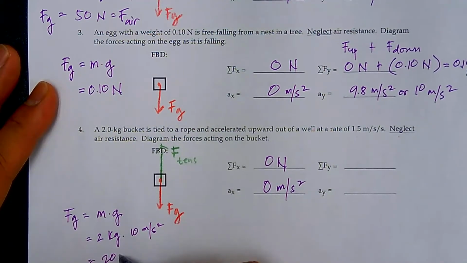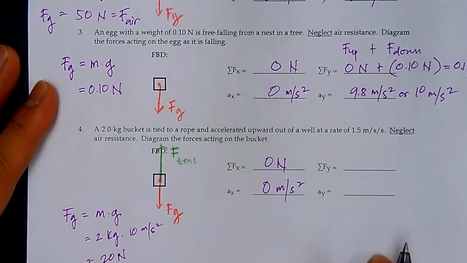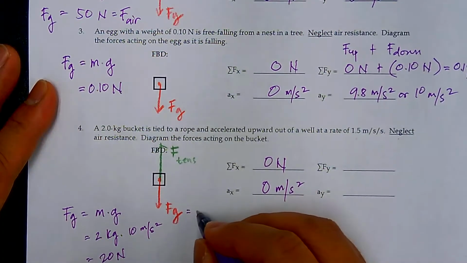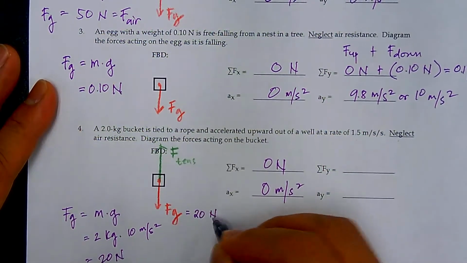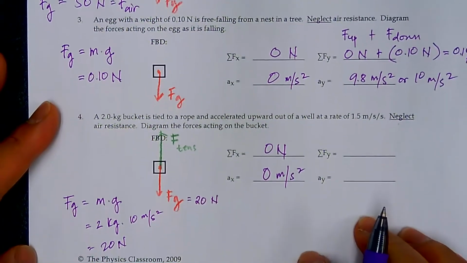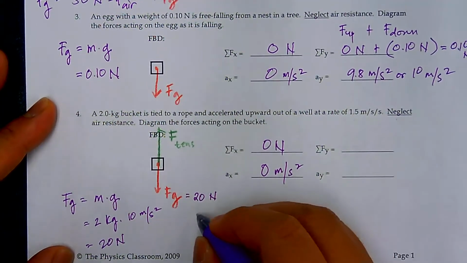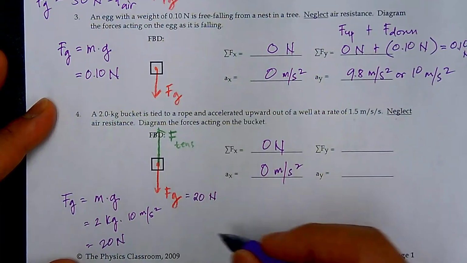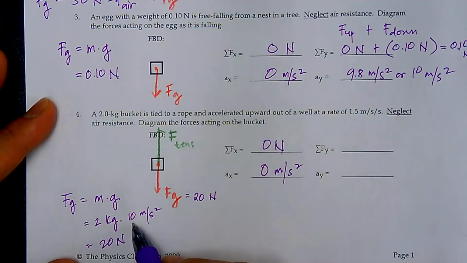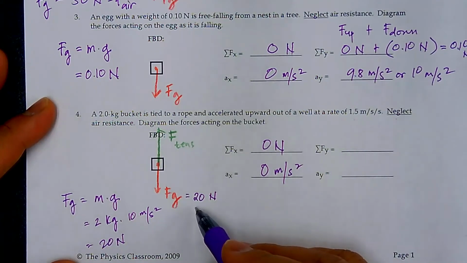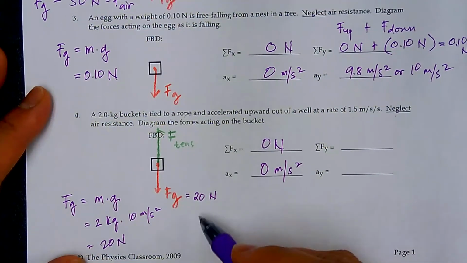That gives you 20 newtons. Or if you use 9.8, you'll end up with 19.6. So let's just round it up.